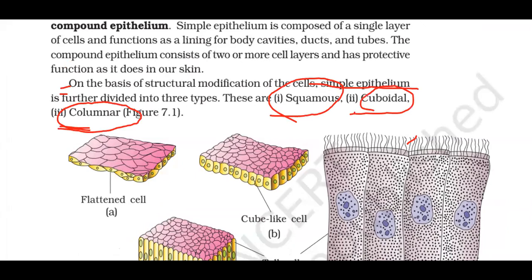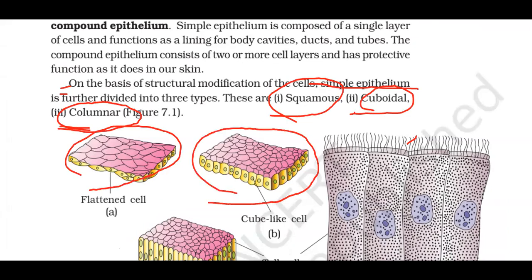So look at this tissue. Okay, so this is the squamous epithelium, this one is cuboidal epithelium, and this one is columnar epithelium. So these are the 3 fundamental types of simple epithelium, and let me talk about them one by one.